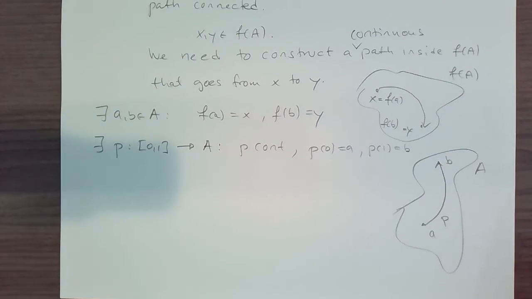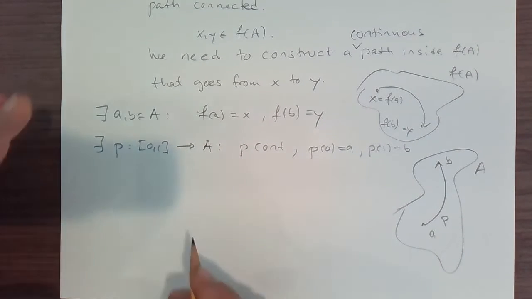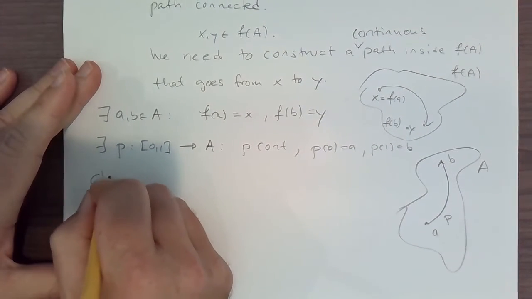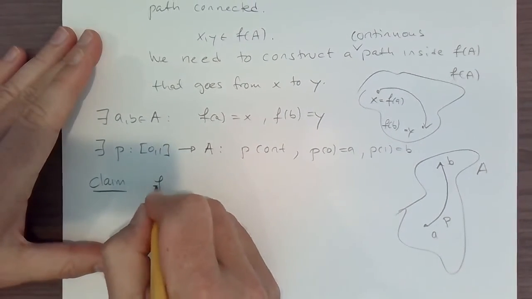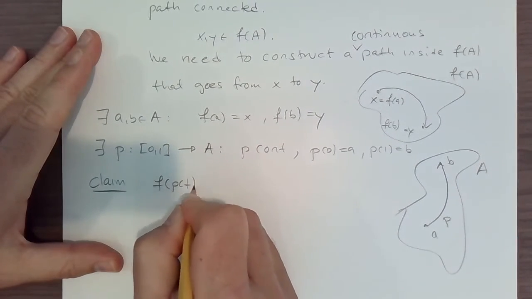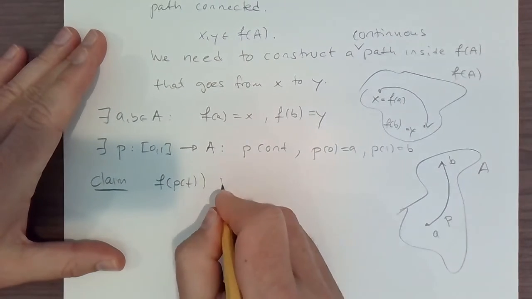So what is the hope then? Well, we need to transform. So then what is the claim? We just compose. I look at f of p of t. We claim that this one here works.